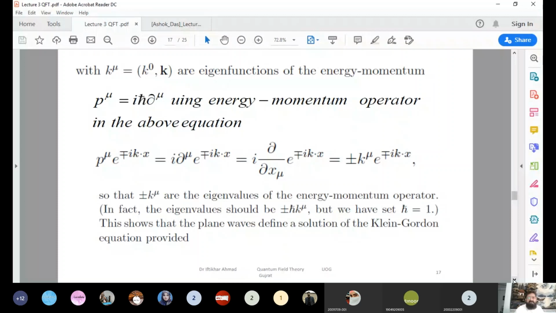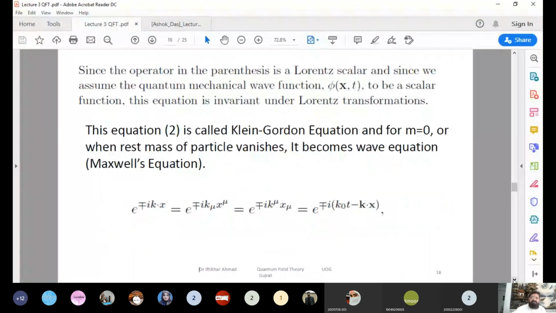So the plus minus k_mu are the eigenvalues of the energy momentum operator. In fact, the eigenvalues should be plus minus h-cut k_mu, but here h-cut is equal to 1 as a natural unit.